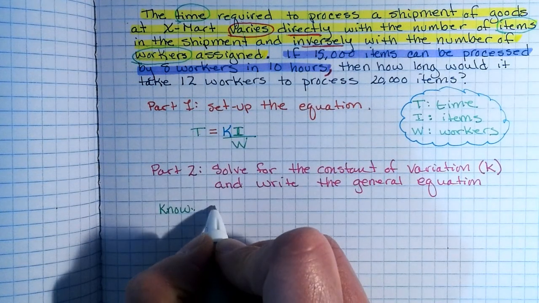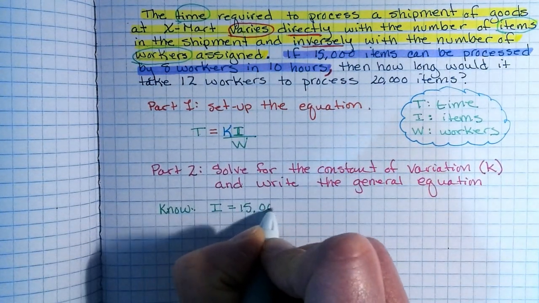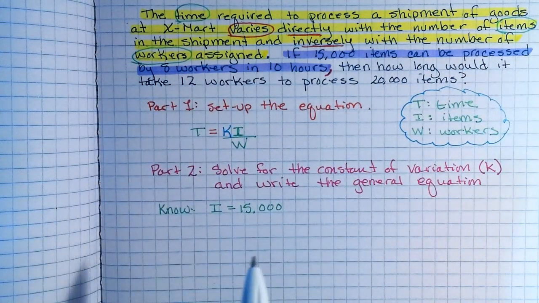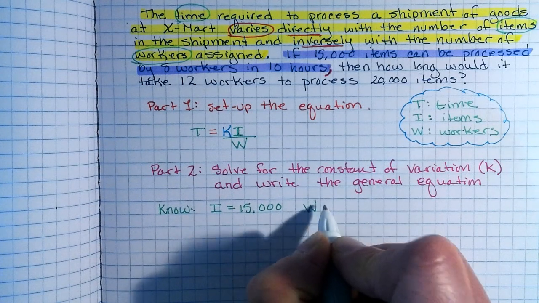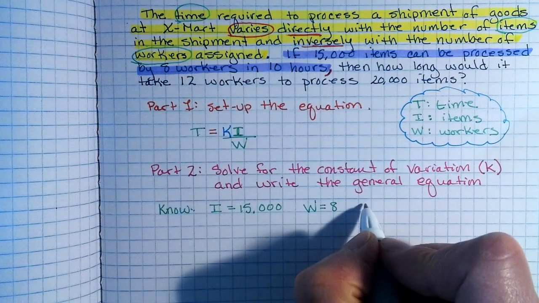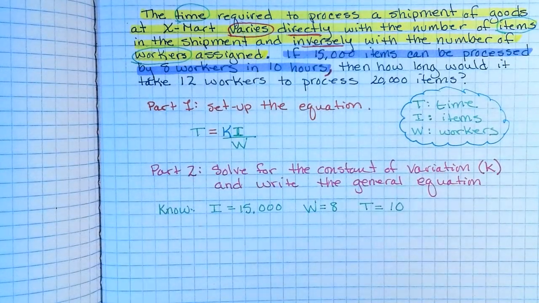15,000 items. So items was I, and that equals 15,000. Can be processed by 8 workers. So I know W is workers, and that's 8. In 10 hours. So I know T is 10.